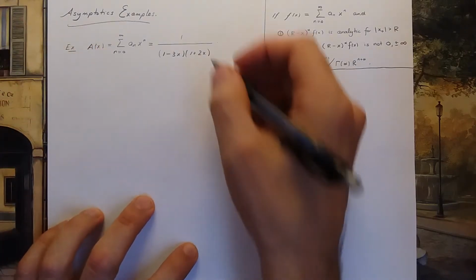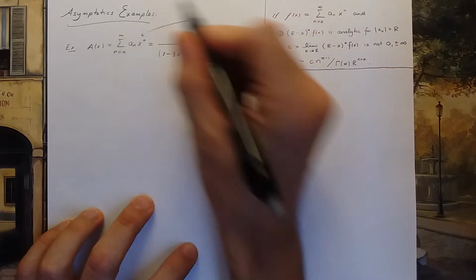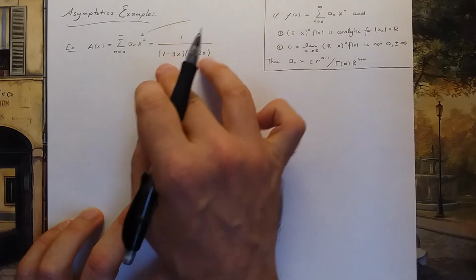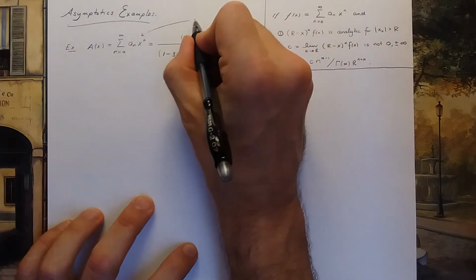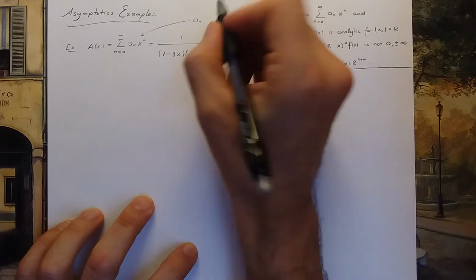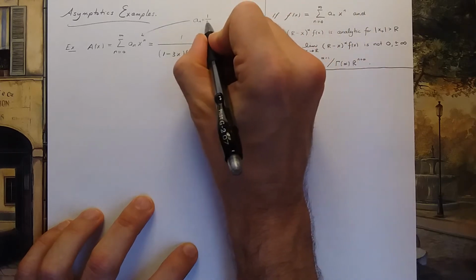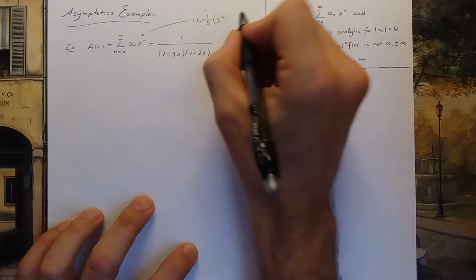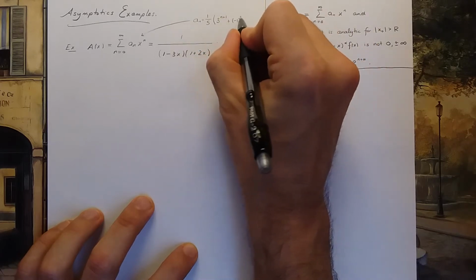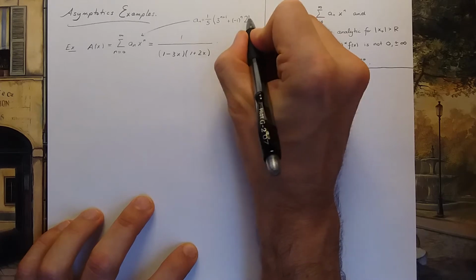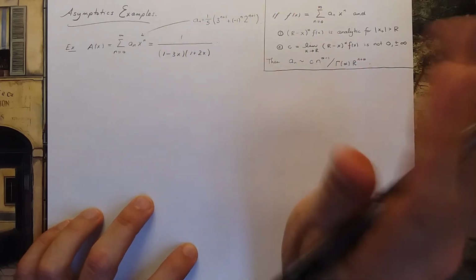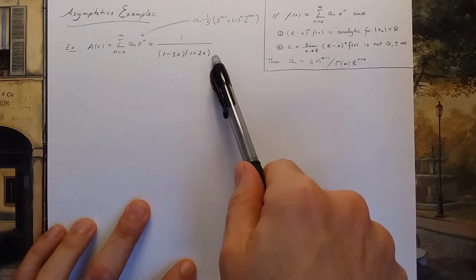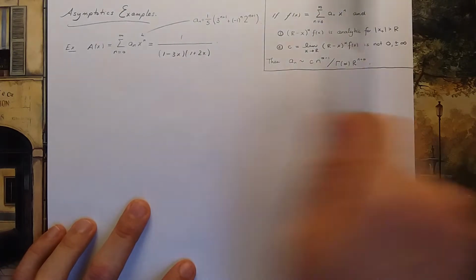And it turned out that when we solved this by splitting this into two terms using partial fractions and expanding each term as a geometric series, we found already that a_n happened to be 1/5 times (3 to the n plus 1 power plus minus 1 to the n, 2 to the n plus 1 power). So that was a result we had earlier in the course. But now let's look at this generating function and apply our new machinery and see what happens.